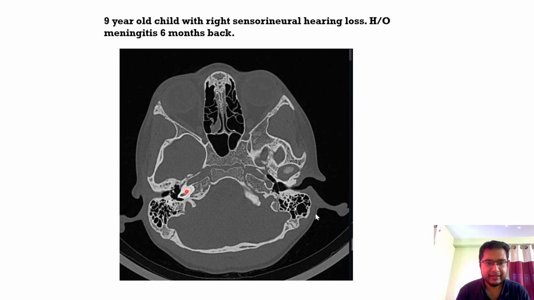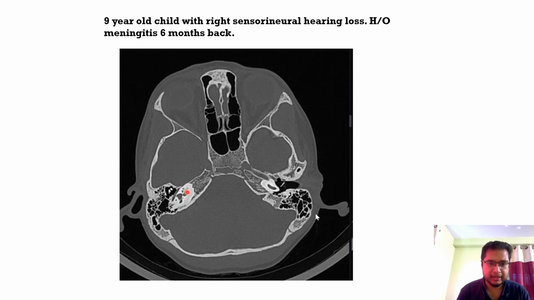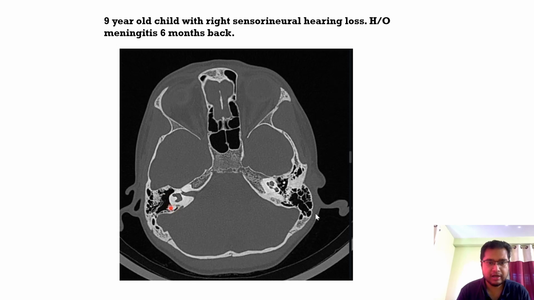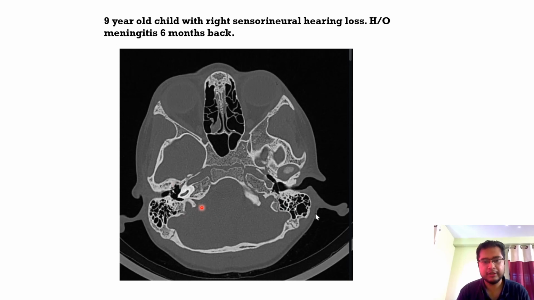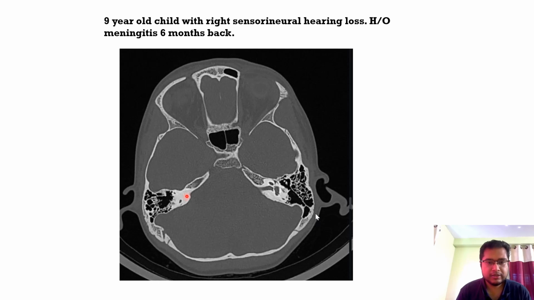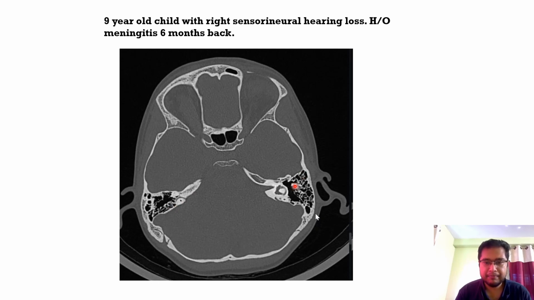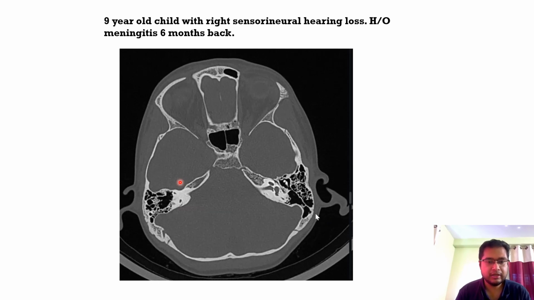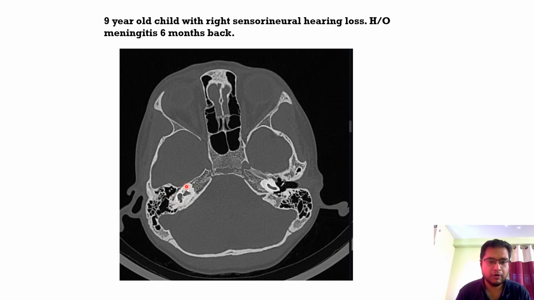On the right side, we can see that there is some ossification in the apical and the middle turn, and the lateral semicircular canal, the crux is not even seen because of this ossification. As you can see, you can compare the left side with the right side, there is some ossification of the cochlea as well as the semicircular canals.